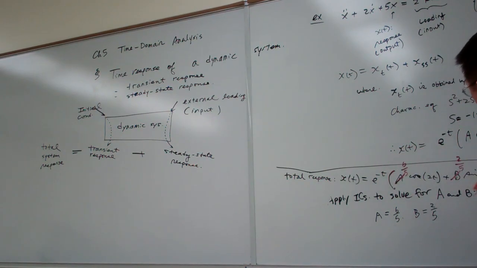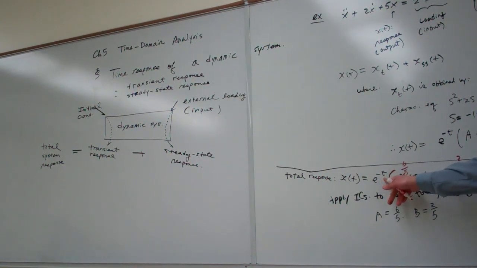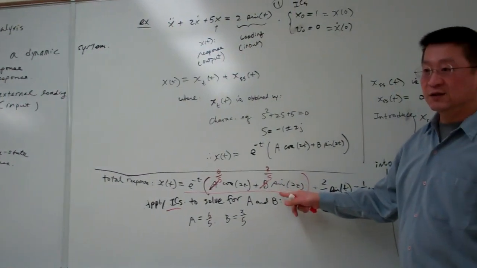That means this term will approach 0, because this is exponential decay. So this term is what we call the transient response, because it is going to decay to 0. In our solution process, the coefficients A and B are involved with the initial conditions, so the initial conditions clearly contribute to the transient response in this example.